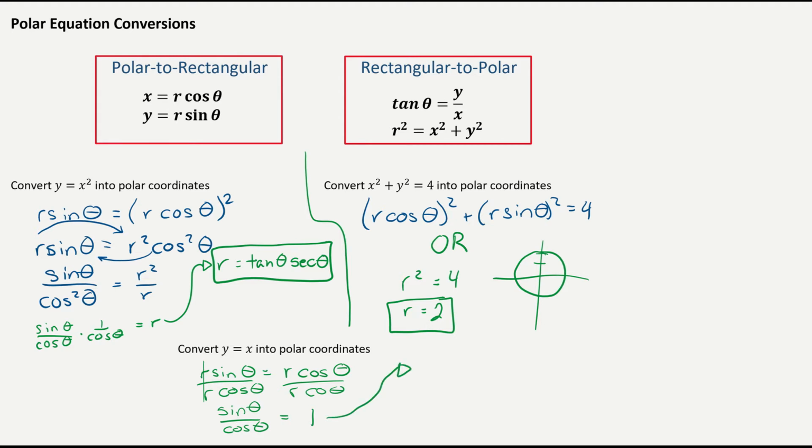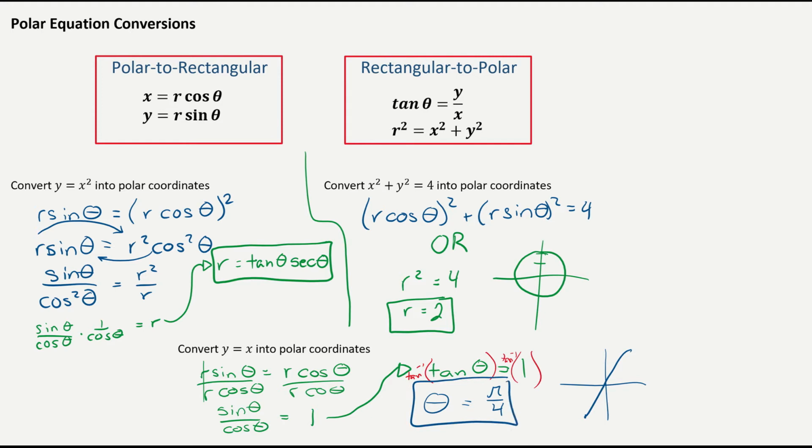So this is interesting. Sine over cosine is tangent theta. So I have the equation tangent theta equals 1. But this time, I'm actually going to take tan inverse of both sides. And what is tan inverse of 1? It is pi over 4. So you see that theta equals pi over 4 is the equation of a line in polar coordinates.